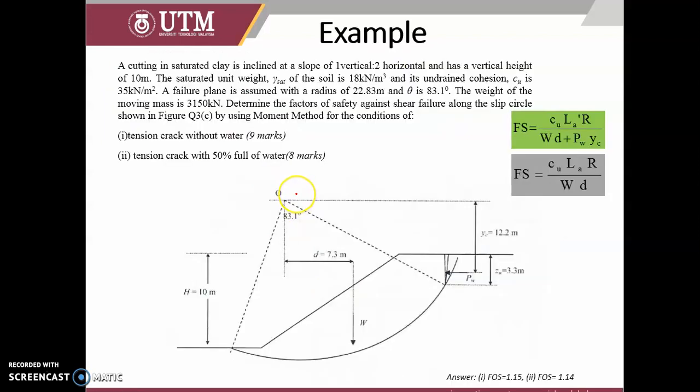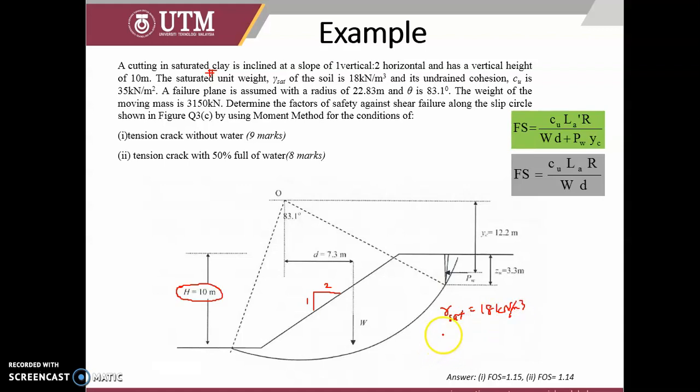Alright, so let's see one example. Let's say we have a cutting in a saturated clay soil that is inclined one vertical to 2 horizontal. It's not a very steep one. With a vertical height of 10, and the saturated weight is given, gamma saturated 18.